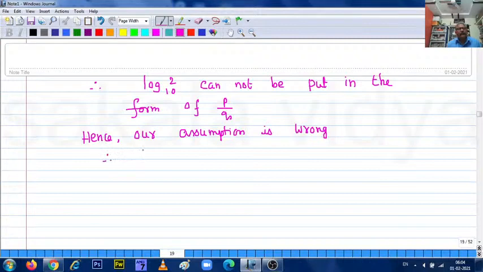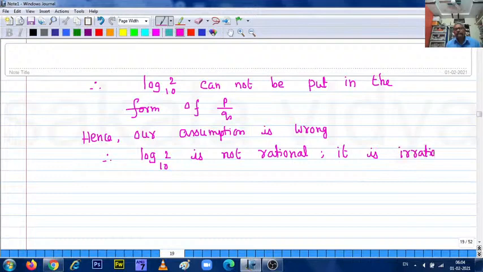Therefore, log 2 base 10 is not rational. It is irrational.